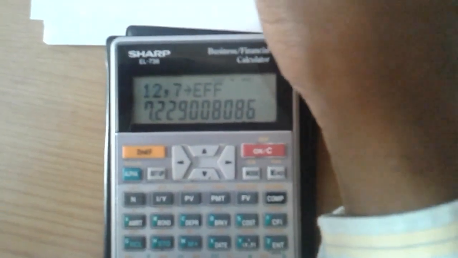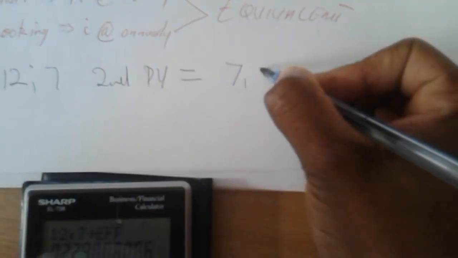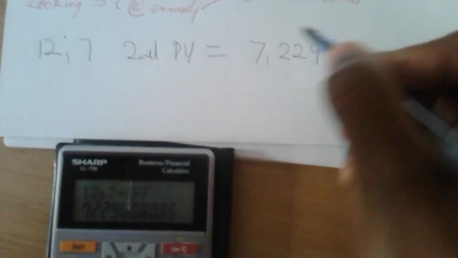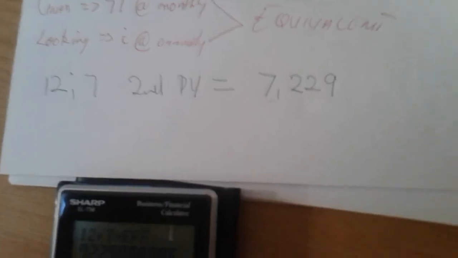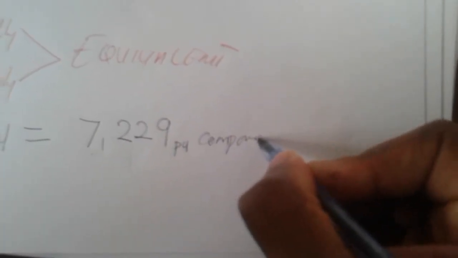So it's 12 XY 7, second function PV, and that gives you 7.229. There you go. So let's keep it up to 3 decimals. 7.229 compounded annually. So this is per annum, compounded annually.